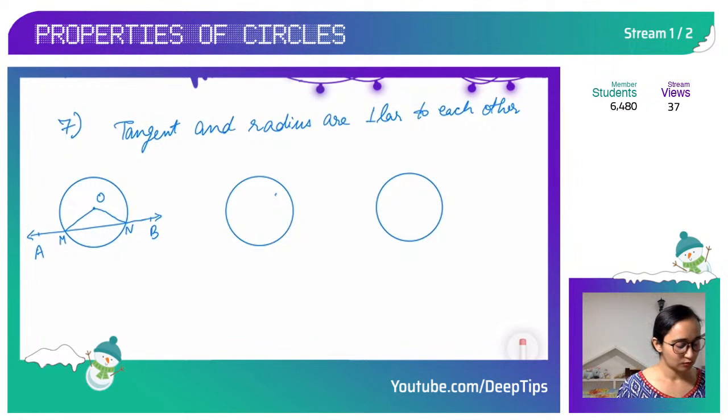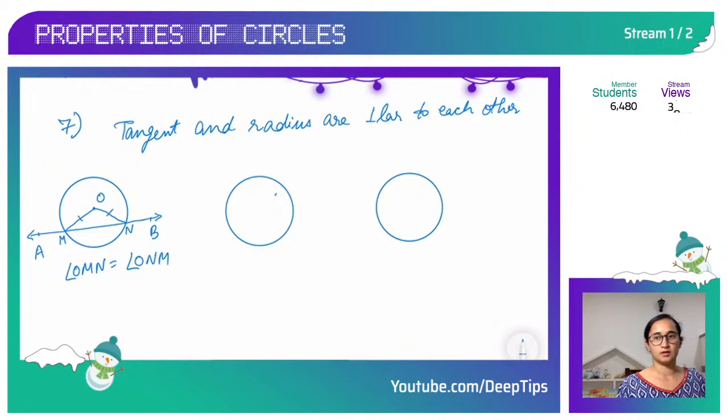Now if you look here again, which triangle do you identify? Isosceles triangle, because OM and ON are the radii. So my angle OMN is equal to angle ONM, because these two sides are equal, right?